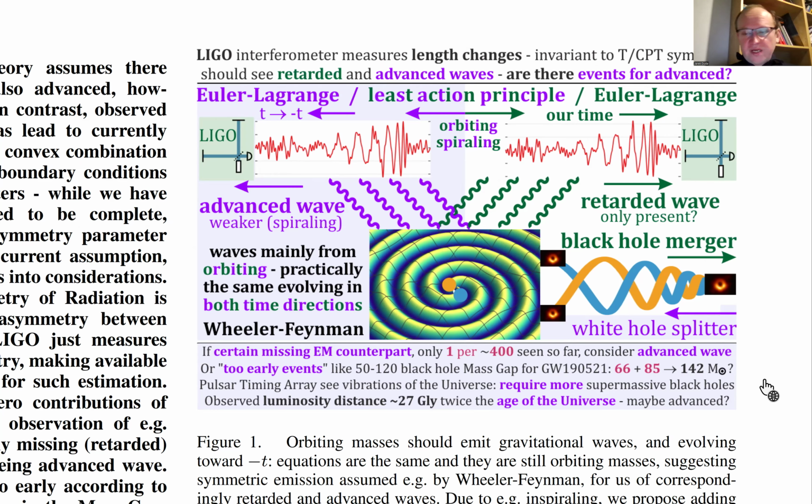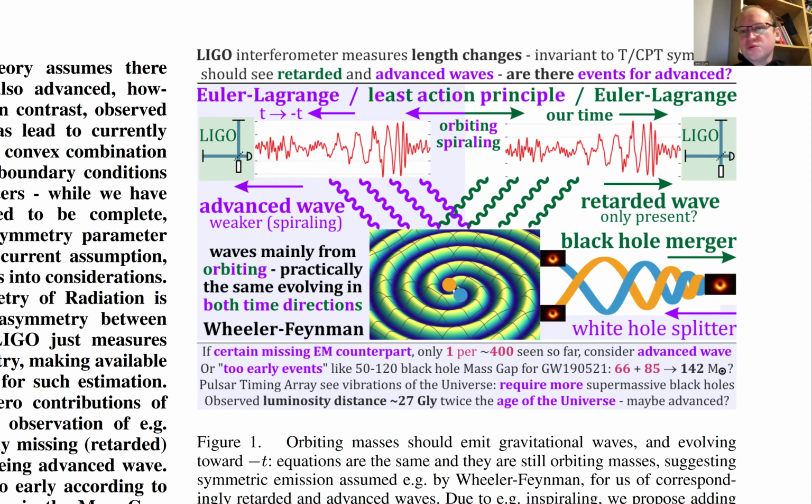So there are these various types of arguments. They should be tested. It's quite difficult, and I'm looking for a collaboration to make it more serious. This is a very initial article, just to show that maybe it's too early to say that only retarded waves are there. Maybe the contribution of the advanced wave is not zero.